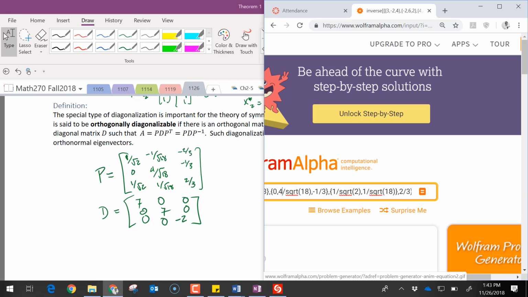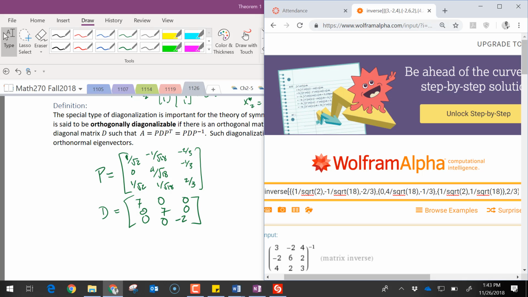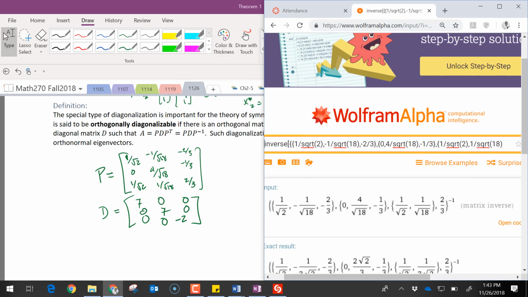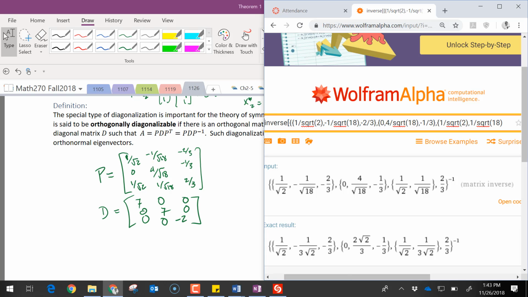All right, what do I want from here? Oh, the inverse. I want the inverse of that. What happened? There's an extra 1 over square root of 2. There's an extra parenthesis here. Oh, I closed there.